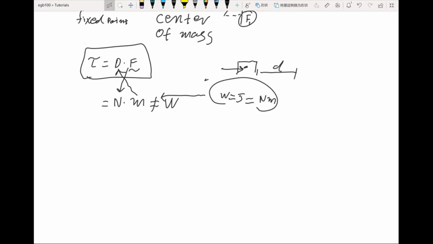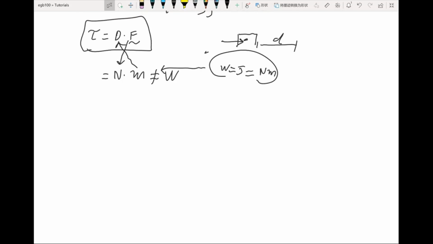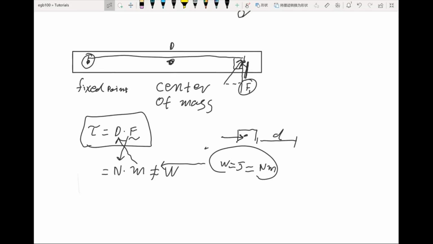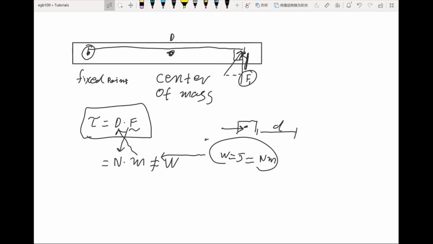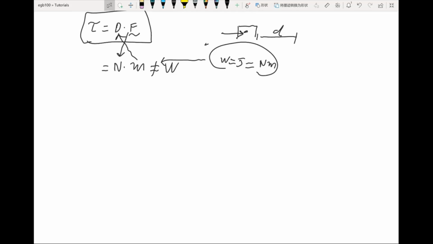Now, when we're doing questions with torque, we want to figure out if the material is rotating first. So we're going to go the sum of the torques is equal to force times distance.